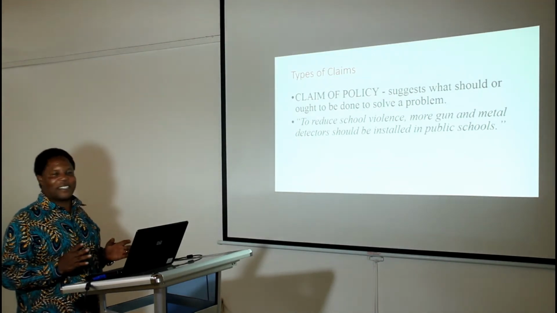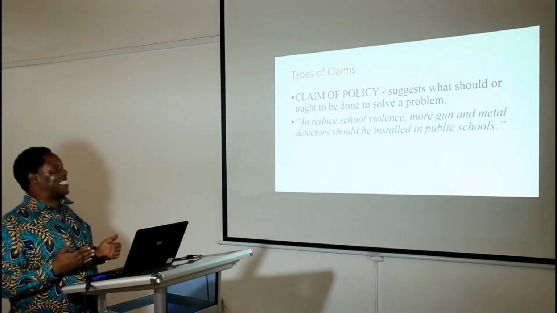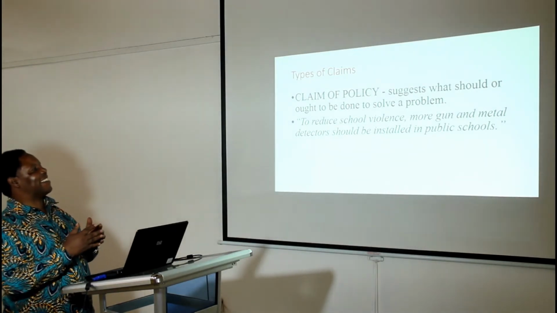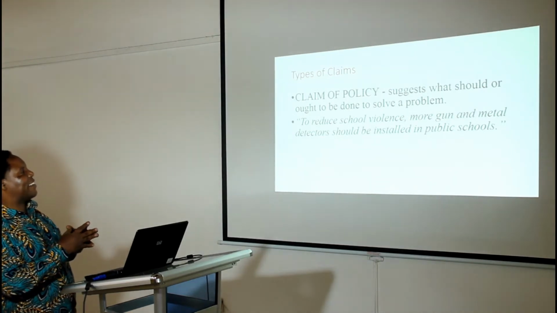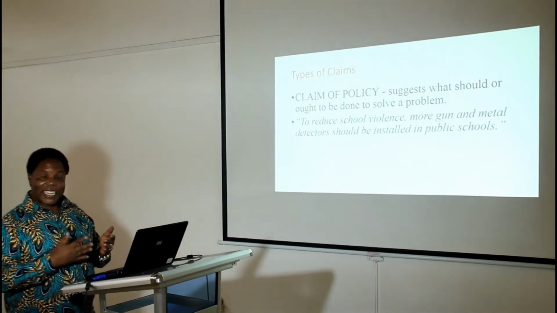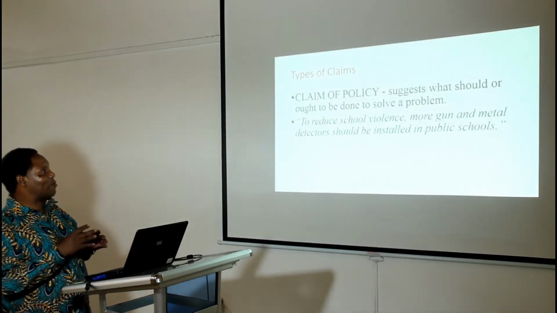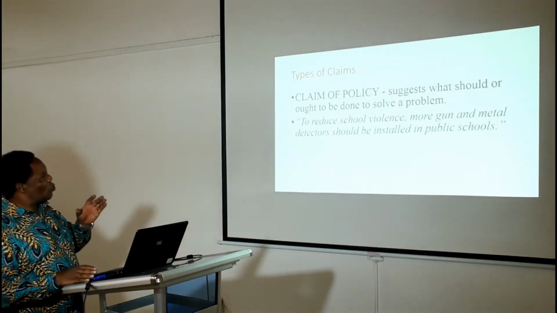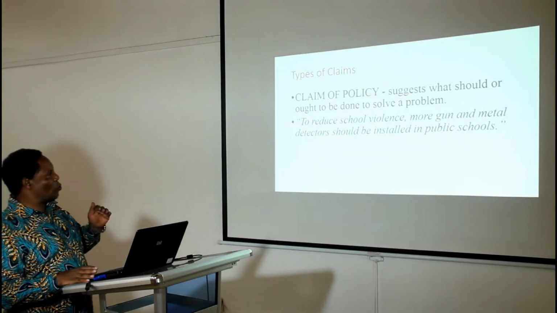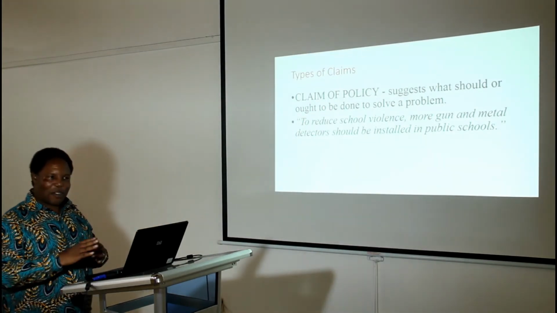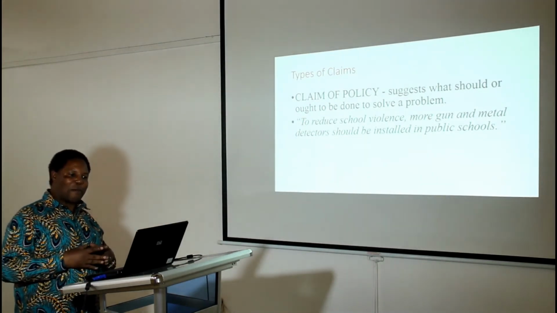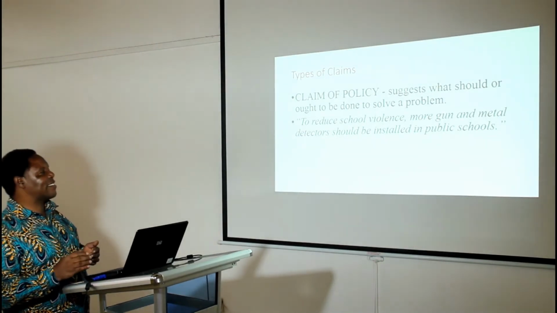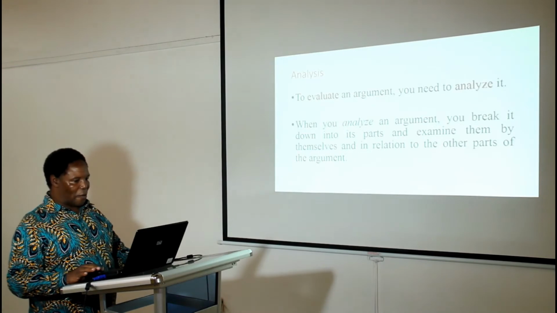It's a kind of policy you are suggesting, and it is not necessarily that it will work and make things better than before. But you are trying to make a policy in order to see what will happen. So you suggest what should or ought to be done to solve a problem. This means a problem is there, so you are trying to find the way or the means to solve that particular problem.